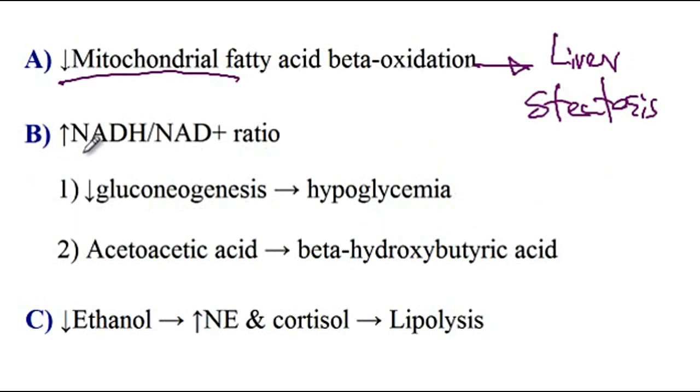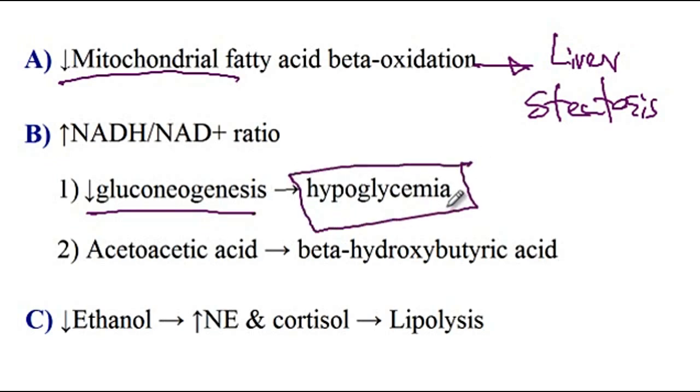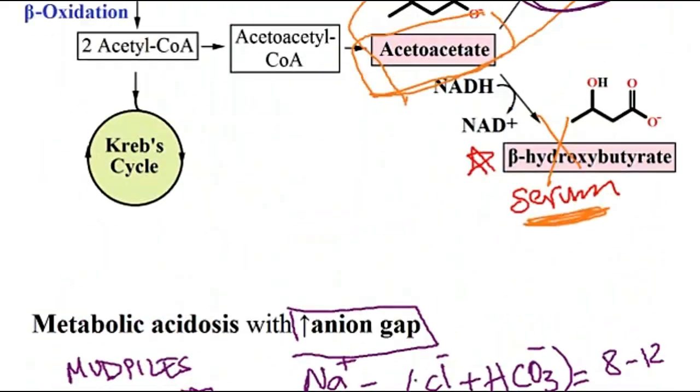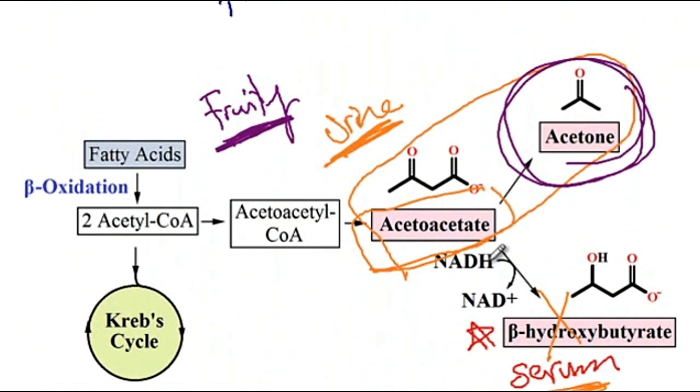And then, as I just discussed, there would be an elevated NADH to NAD+ ratio, which causes decreased gluconeogenesis, as a consequence of which alcoholic patients can develop hypoglycemia. And then there is also conversion of acetoacetic acid into beta-hydroxybutyric acid. As I discussed earlier, there are different forms of ketone bodies.